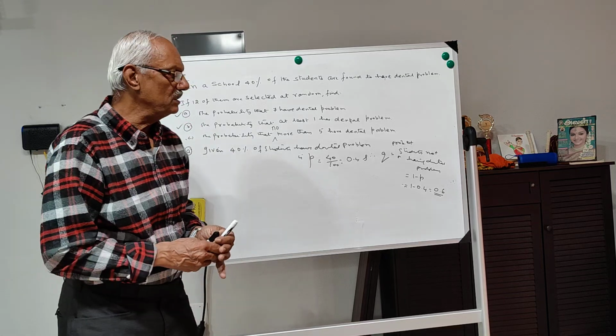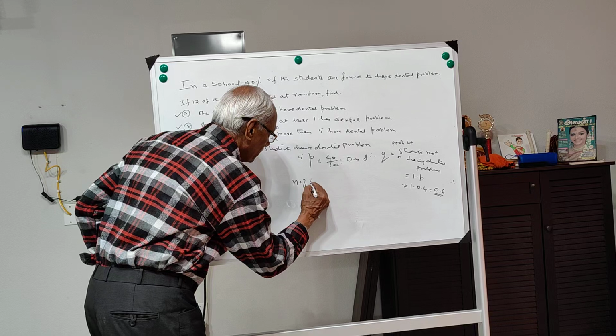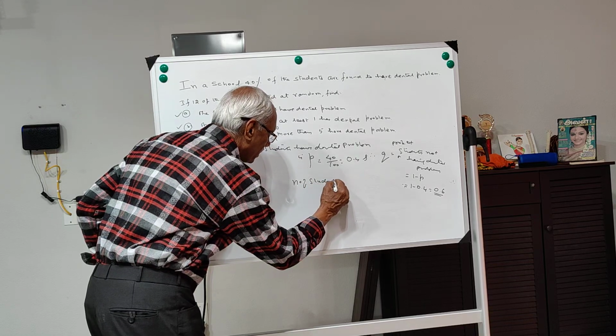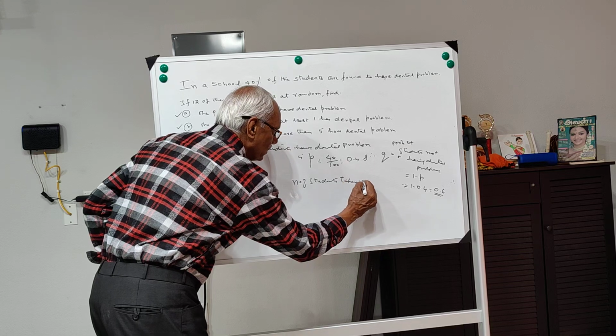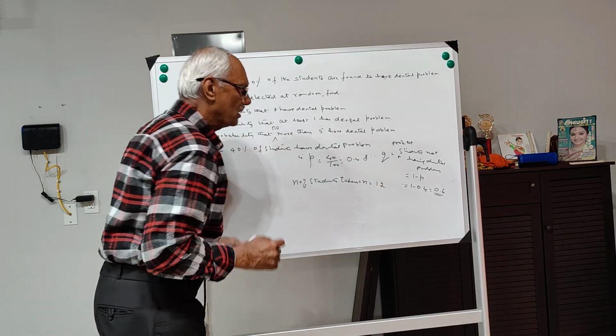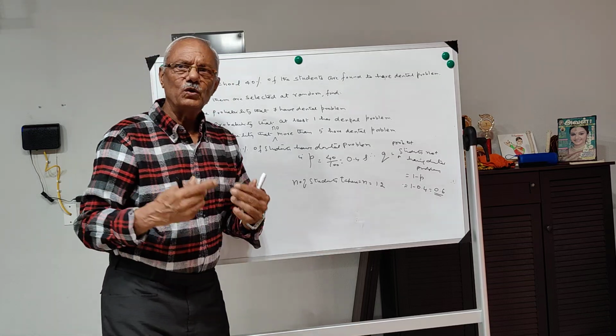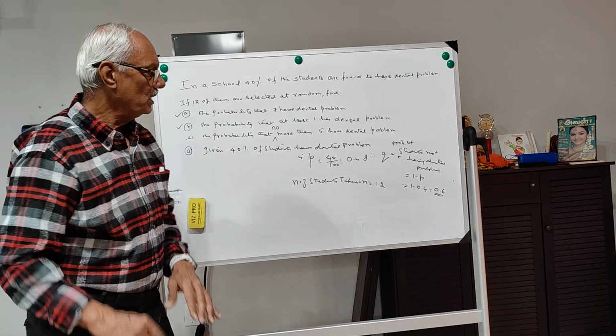Now the number of students taken is n equal to 12. So 12 students are taken to examine whether they have the dental problem or not.